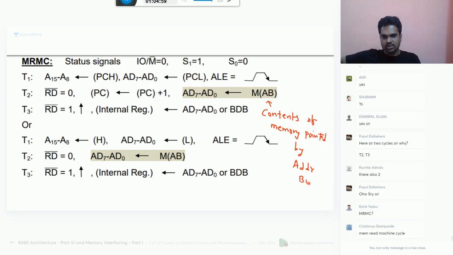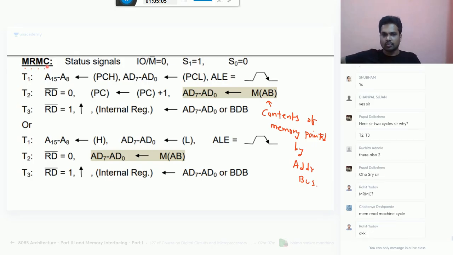Very good, Chaitanya. This is where you need to apply your common sense. Memory read machine cycle. Even if I don't say, you should be able to understand those things.